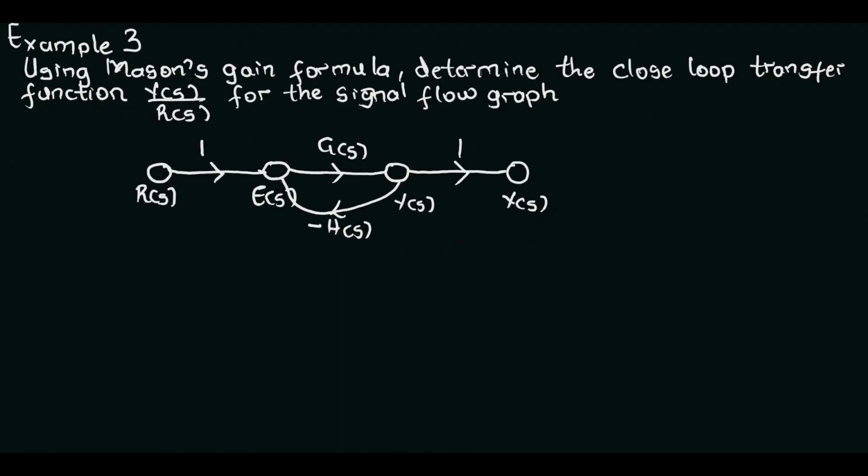Now, moving on to example 3. Using Mason's gain formula, determine the closed loop transfer function Y(s) over R(s) for the signal flow graph. To solve this, first step is to identify the forward path.